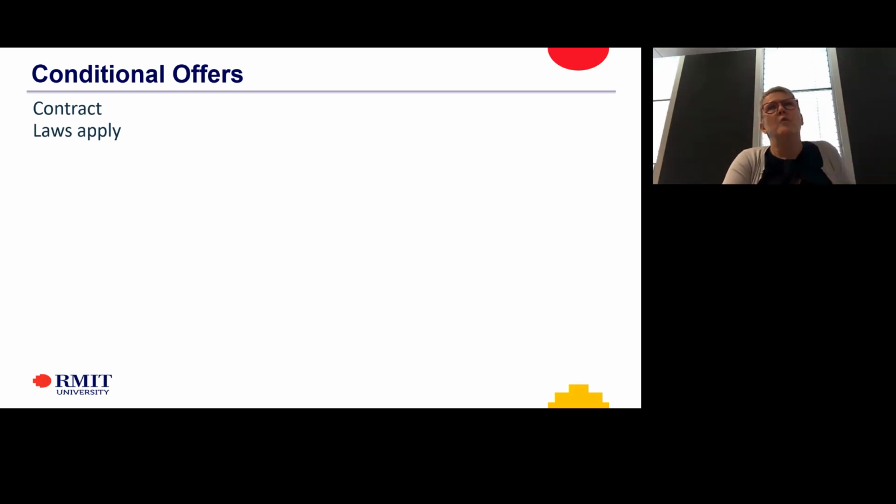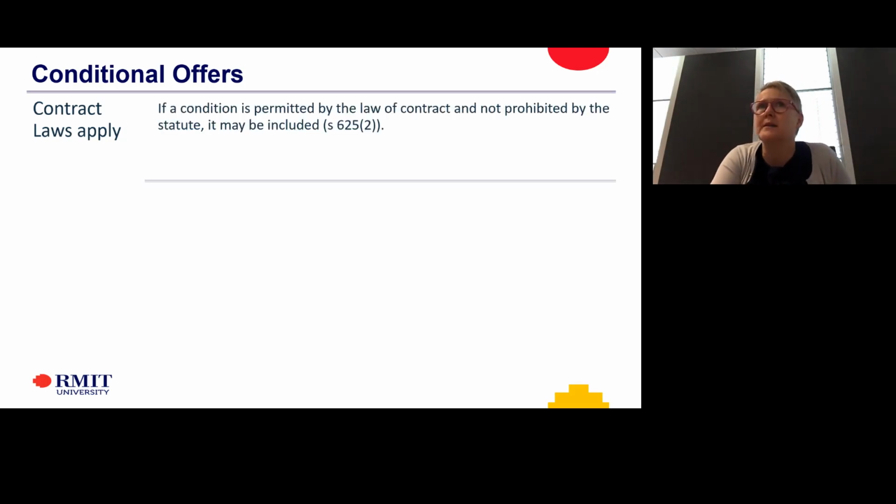What's important to understand with a conditional offer is that it's a conditional contract. So the rules of contract law, the common law, apply as augmented by the statute. If a condition is permitted by the law of contract and not prohibited by the statute, you can include it. So we think about things like illegality here.